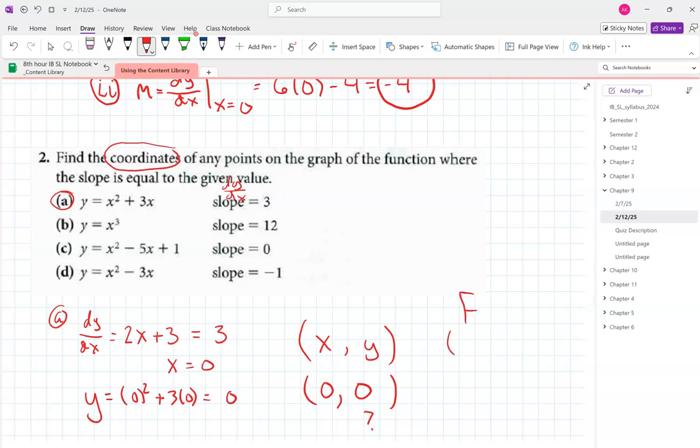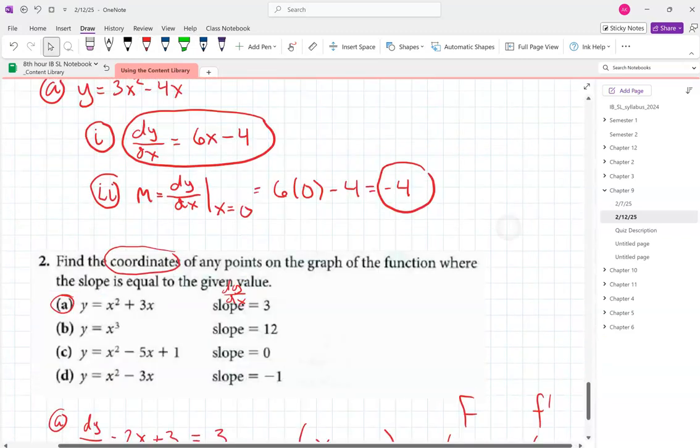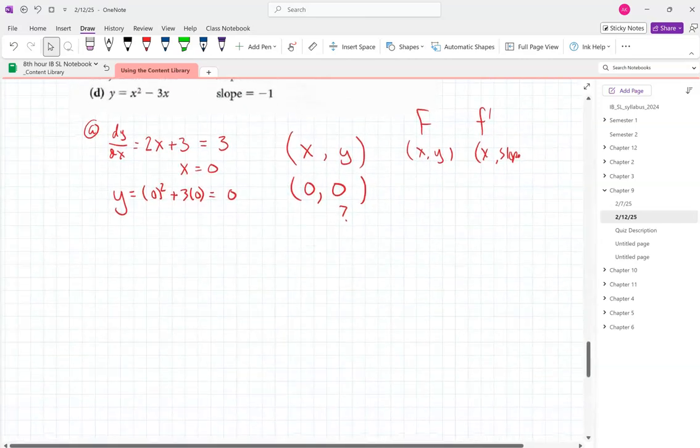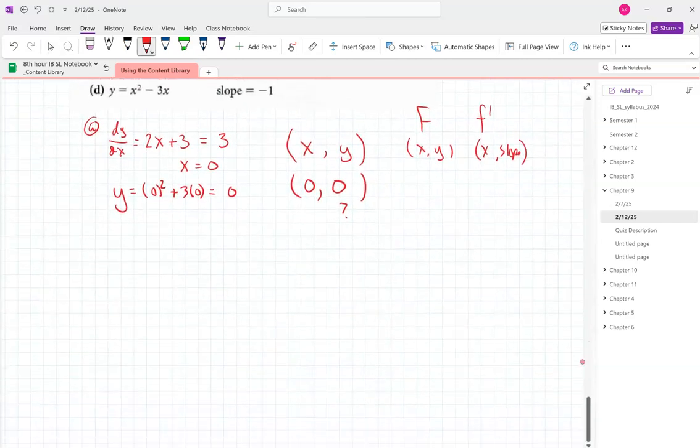You know, f is like x, y's; f prime is like x comma slope. So if you're looking for a coordinate, you need to use f. If you're looking for a slope, you need f prime. Okay.